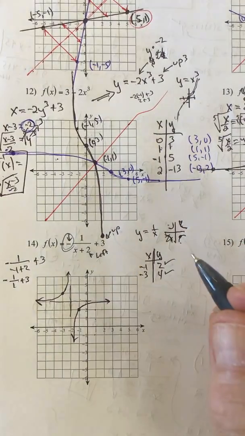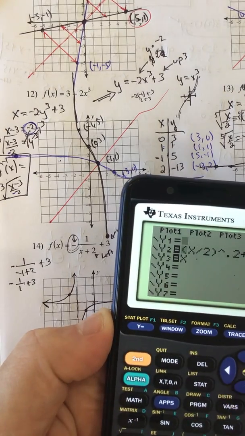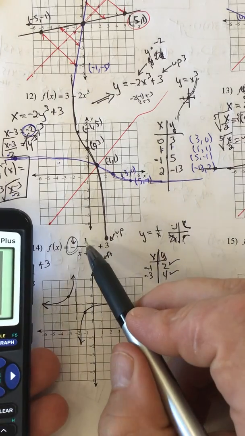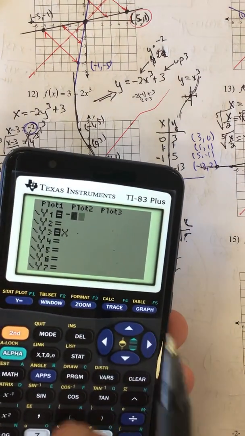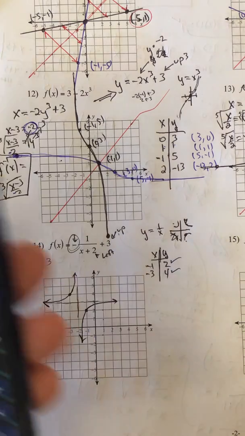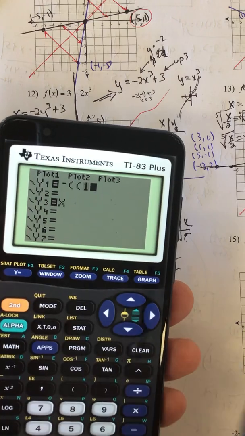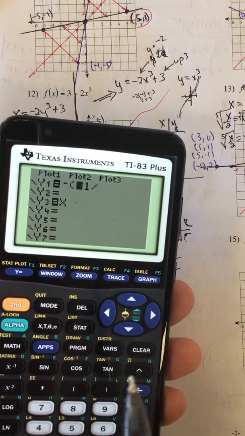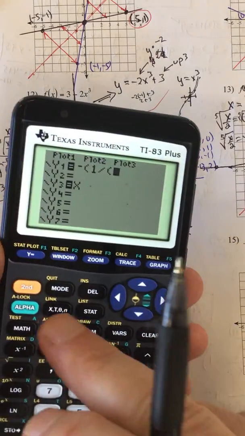Okay, and I think I'll go ahead and look at my calculator in case maybe I can get a couple more. Let me put that one in. It's 1 over x plus 2 all negated, so I'm going to go negative and then put it in. I need another set of parentheses. 1 divided by the package, x plus 2.